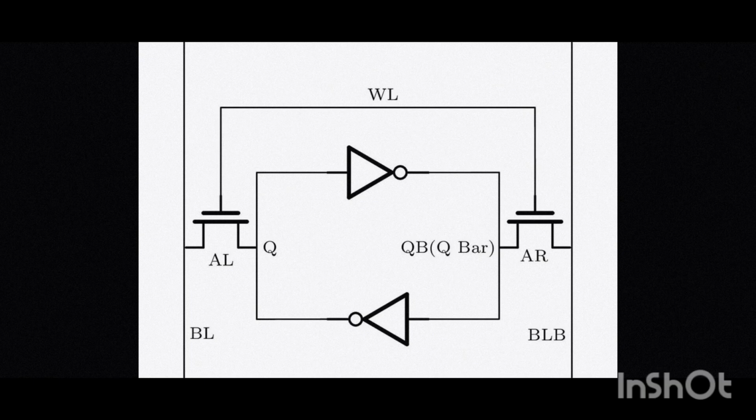If the stored bit is 0, Q becomes low and QB becomes high. Since the two inverters continuously drive each other through positive feedback, the stored data state remains stable without requiring any refresh operations. During normal operation, when the word line is low, the access transistor remains off, isolating the cell from the bit line. Isolation ensures that the stored bit is preserved until a read or write operation occurs.